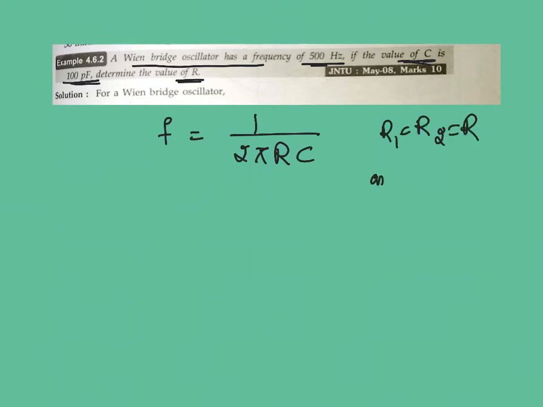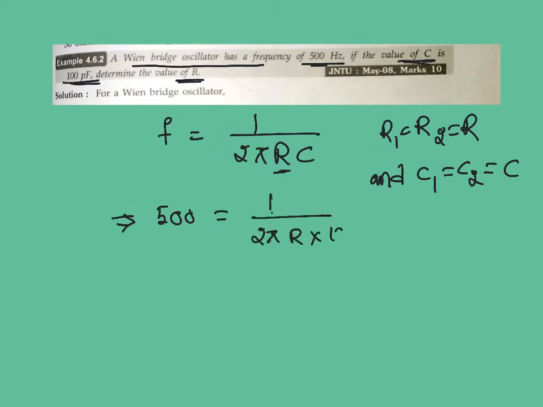The value of C is 100 picofarads, and he is asking to find the value of R. We know that for a Wien bridge oscillator the frequency of operation is 1 by 2 pi R into C. Here R1 is equal to R2 is equal to R, and C1 is equal to C2 is equal to C. So the frequency becomes 500, which is equal to 1 by 2 pi R into C, where C is 100 pico.